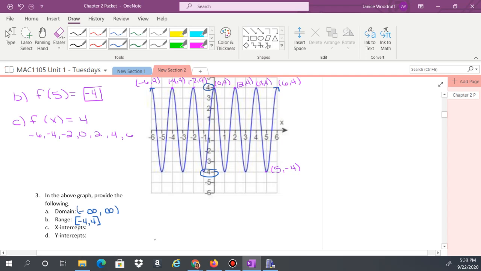Then our x-intercepts. We've got quite a few x-intercepts. They're going to start right here at -5.5, 0, and then every one value: -4.5, -3.5, -2.5, etc. So for the x-intercepts, I'm just going to say -5.5, 0, -4.5, 0, and then dot, dot, dot.